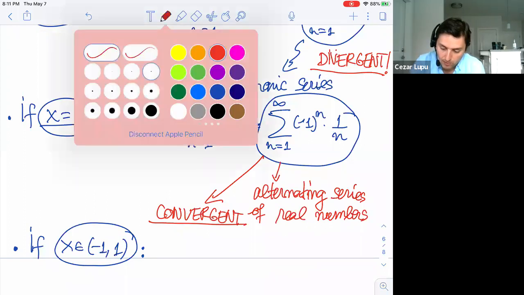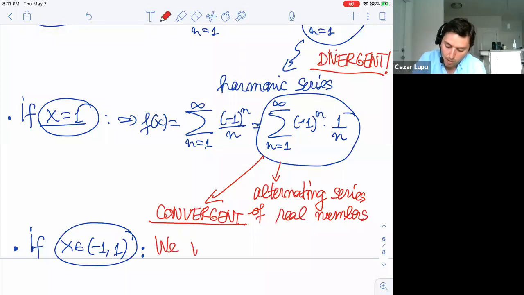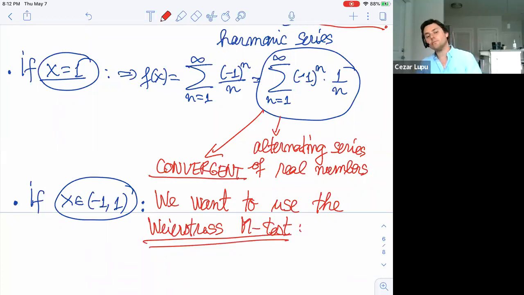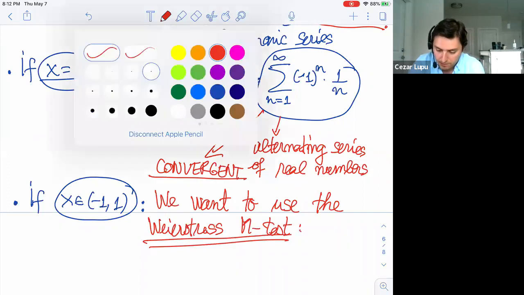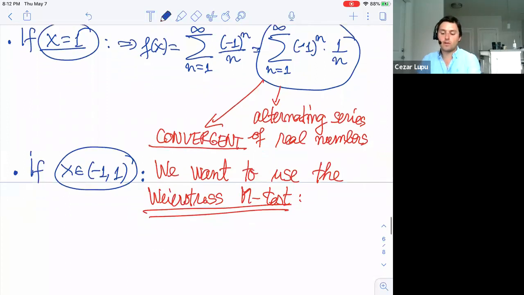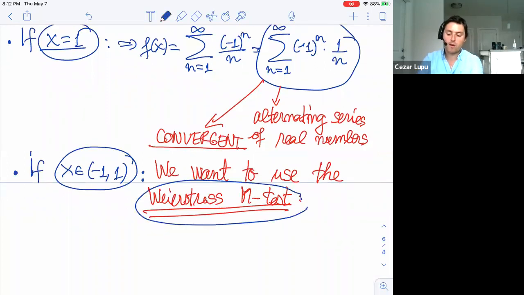We want to use the Weierstrass M-Test. This is important. Remember, basically, let me just briefly mention it. The main ingredients for the Weierstrass M-Test were the following.